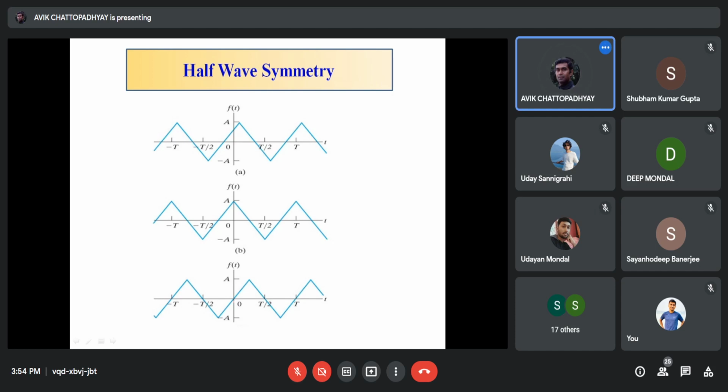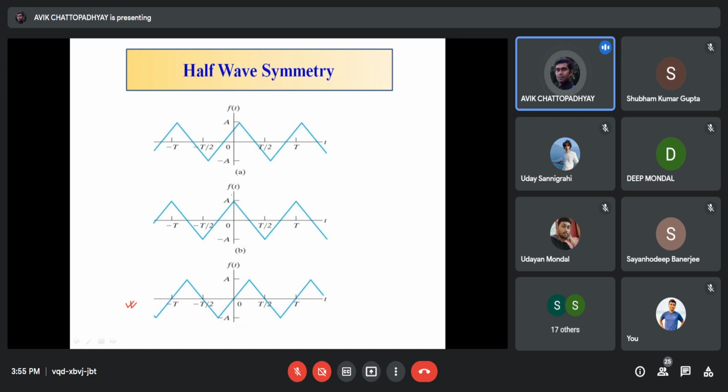But evenness and oddness, for example, if you consider this signal, it is undoubtedly an odd signal. There is no doubt about that. Now look at the selection of this vertical axis, t equals to 0.